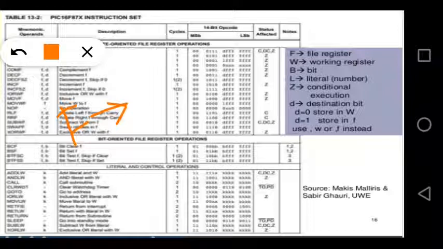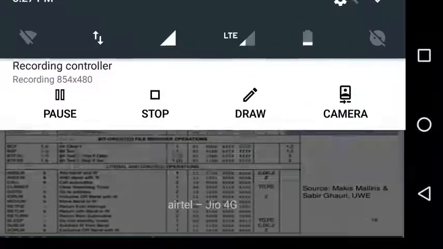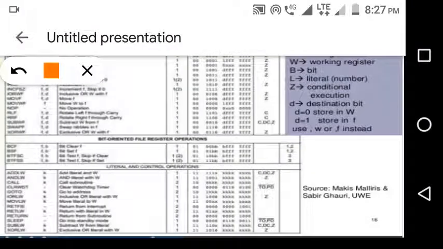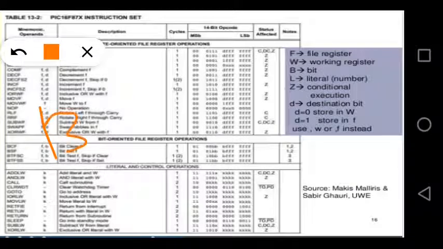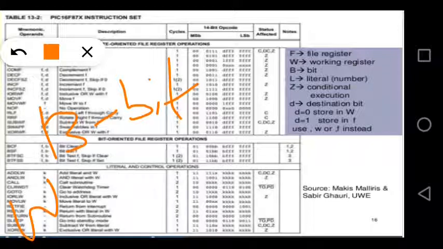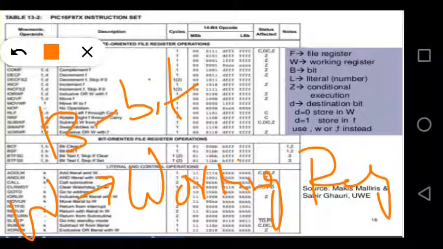F stands for file register, and next B stands for bit. Next W stands for working register.